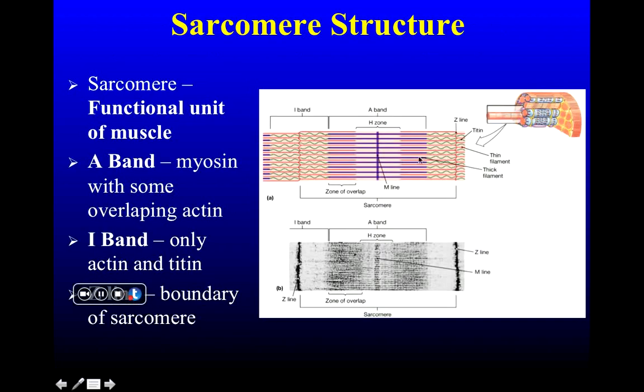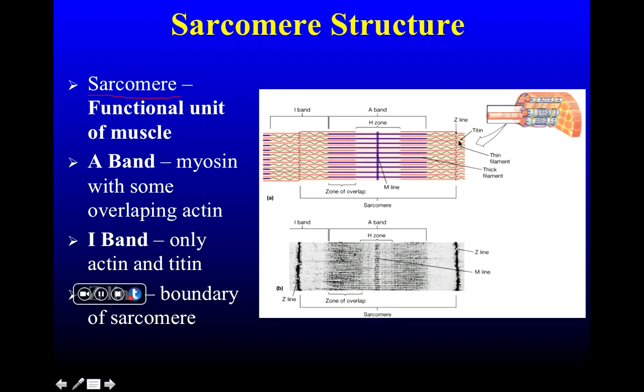Okay, so how are these arranged, these actin and myosin? Well, they're arranged in what's called a sarcomere. Right, that's this over here. The sarcomere, that's right here, is the functional unit of muscle. It's how the actin and myosin are arranged. You notice that there's a line here that looks like a Z, this red one.